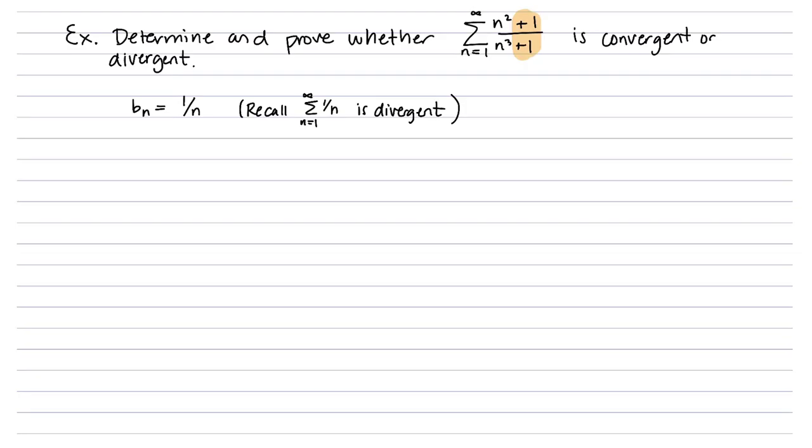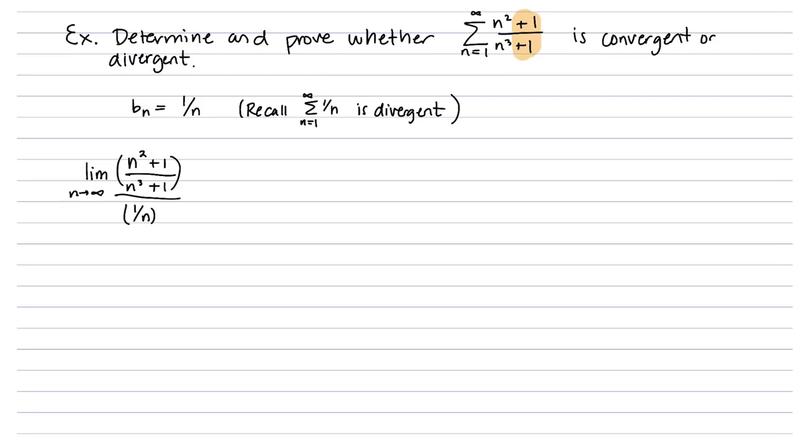When you're setting up your limit comparison test, you want to think about the series that you're trying to figure something out about. That goes in the numerator, and the series that you actually know something about, convergence or divergence, that you think is similar to your series, goes in the denominator. So I'm going to take the limit as n goes to infinity of my unknown in the numerator and known in the denominator.